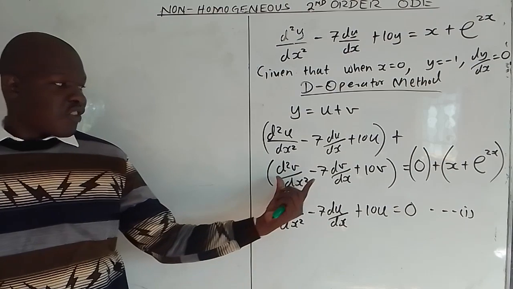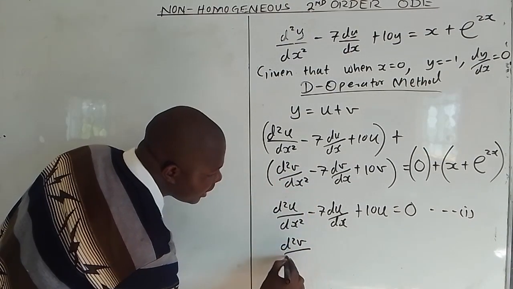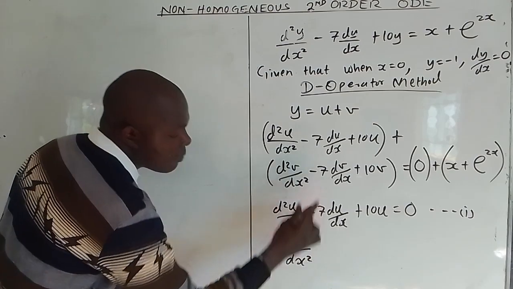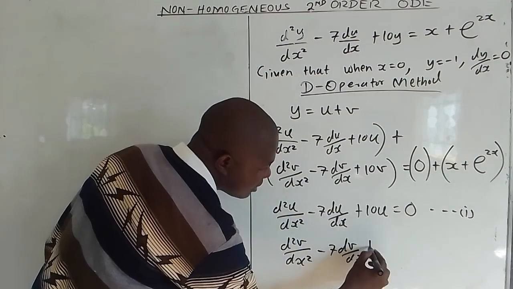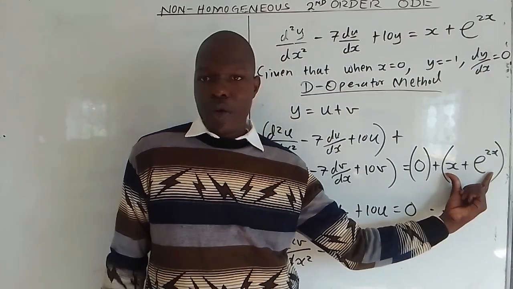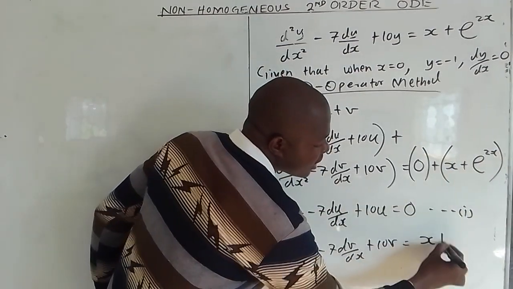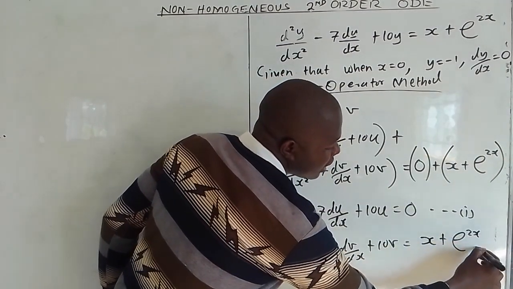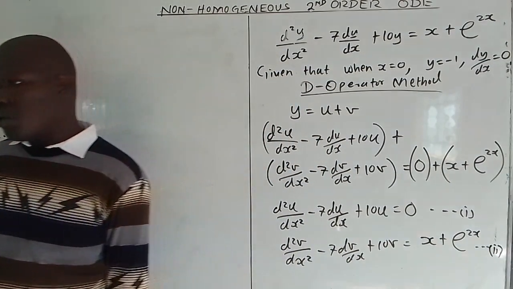Then equation number 2 is the second part, which is d squared v over dx squared minus 7 dv over dx plus 10v equated to the whole of that function, which was x plus exponential 2x. That forms equation number 2. Are we together?